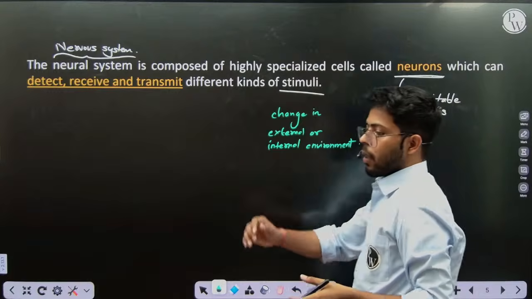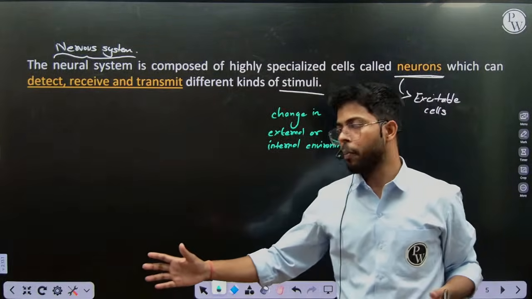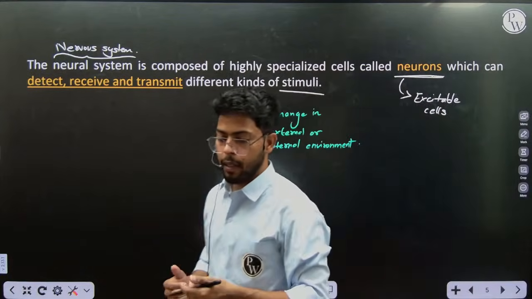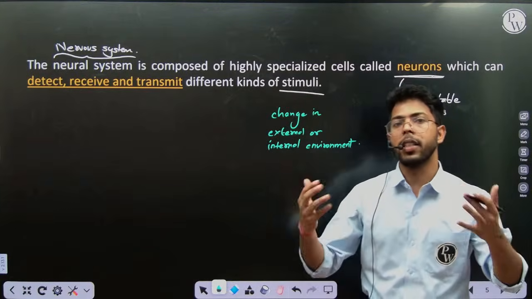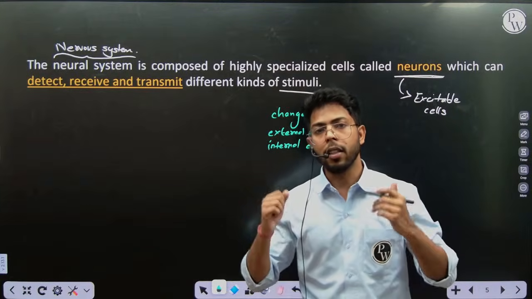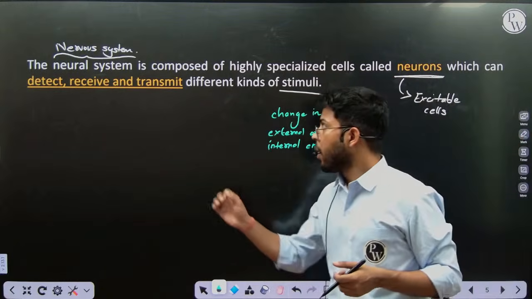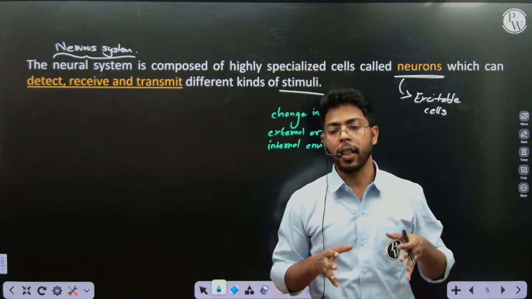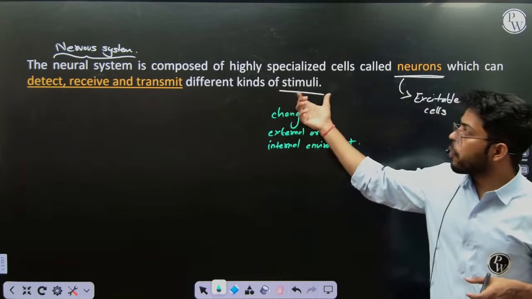So whether any change is inside or outside of our body, it is a stimulus which can be sensed by our receptors or sensory organs. We have five different types of sensory organs. They receive the stimulus and send signals to the brain or CNS, the central nervous system, and the CNS analyzes it and then gives a command or response according to the kind of stimulus.